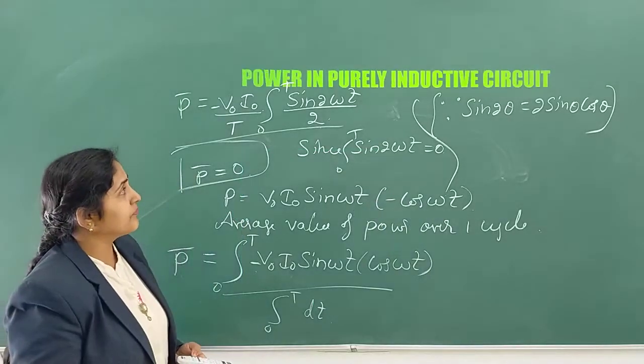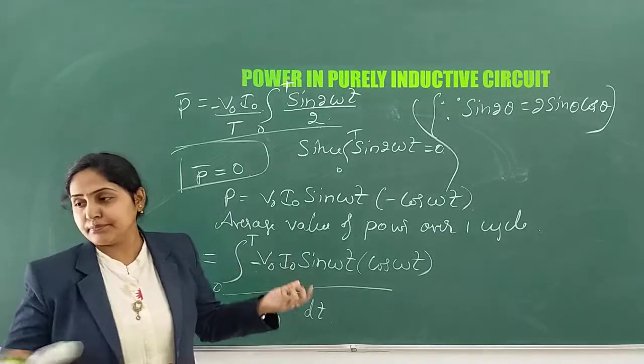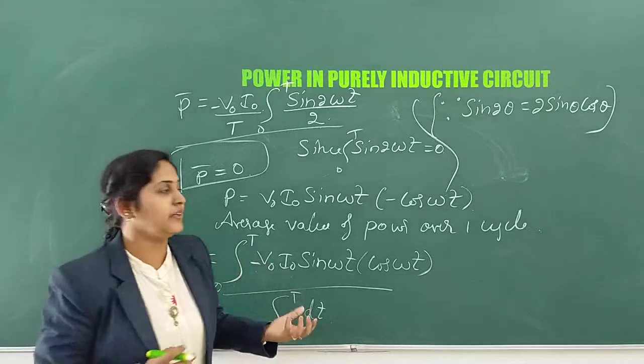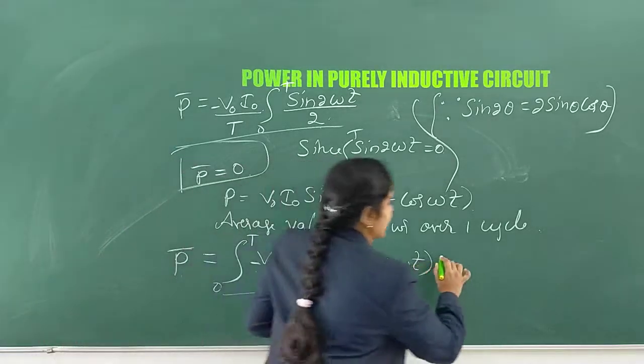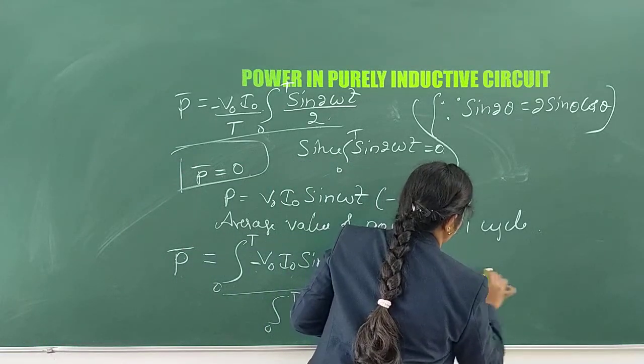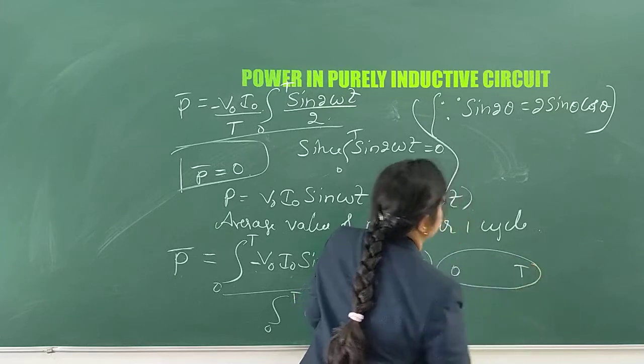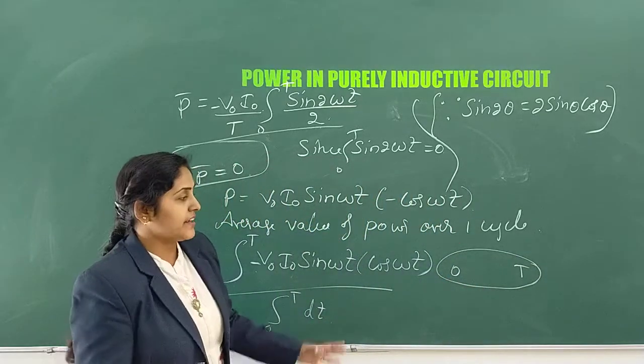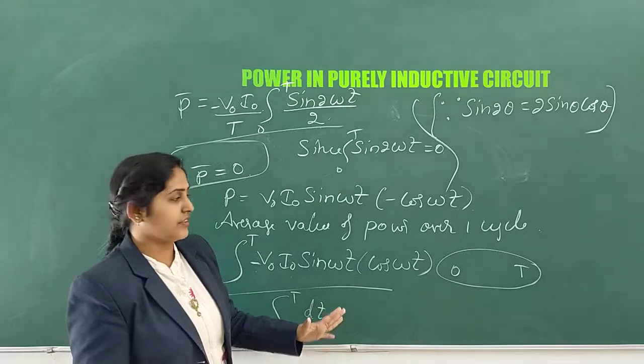But listen, the power in a pure inductive circuit is 0 on average, but it consists of 4 phases, that is, 4 steps.